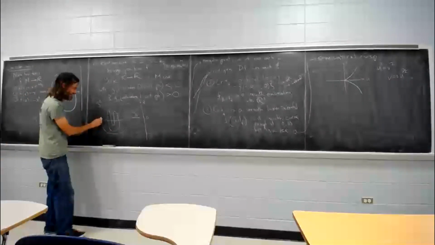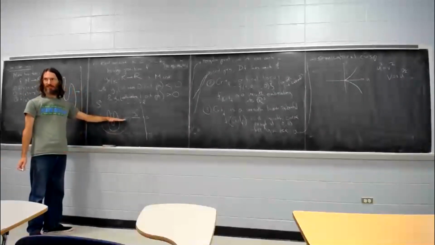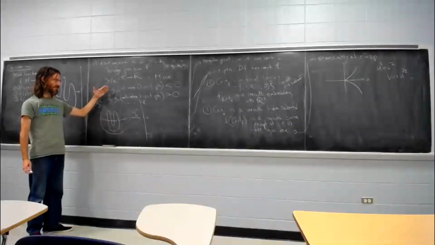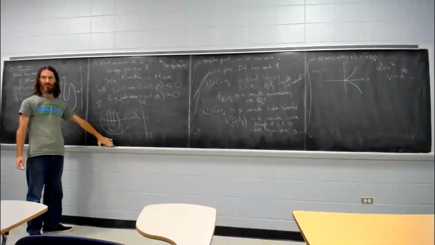Then I could think that the mid-level 2-sphere, the equatorial 2-sphere, cuts it into a trivial tangle above and a trivial tangle below.